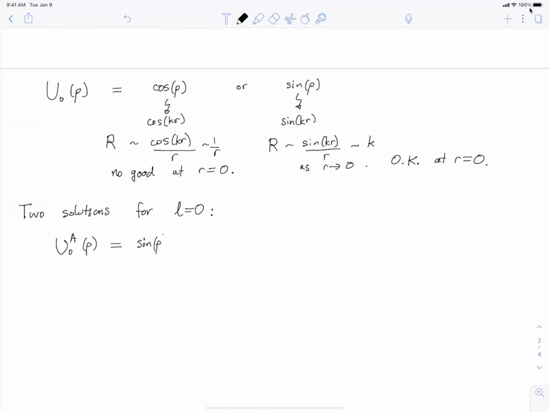There's an overall multiplicative factor that we're not going to worry about because that's going to be normalization that we'll fix later. Okay, so this is good at r equals 0. And then u0 of b for bad is cosine of rho. This is bad at r equals 0.